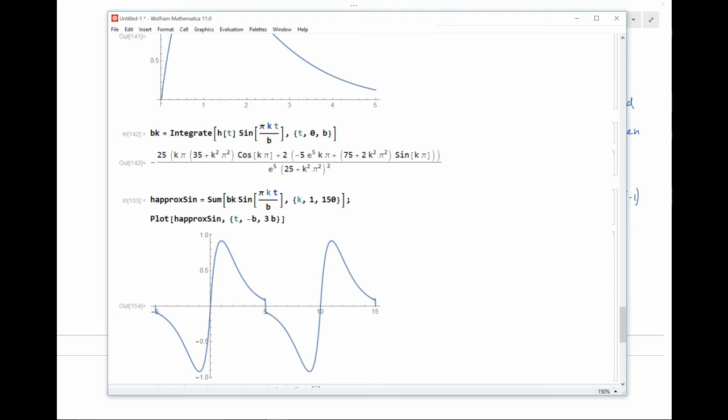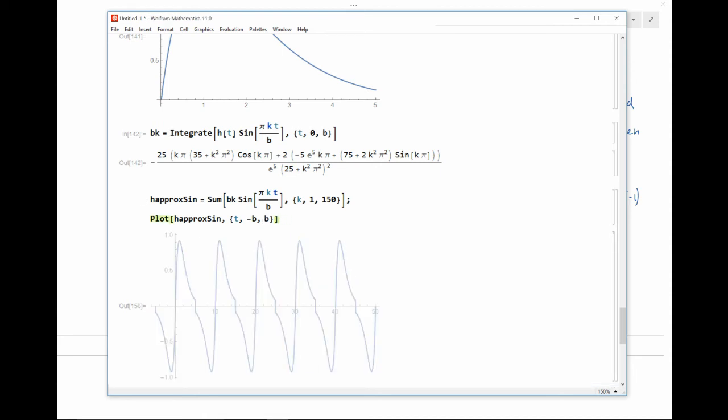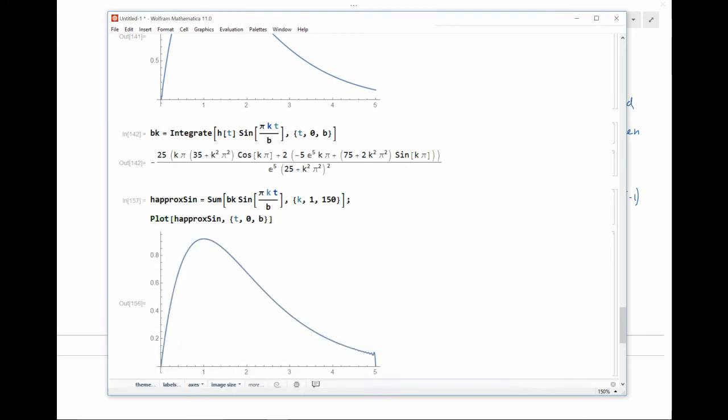So the sine series expands the function by rotating it by 180 degrees. That way it creates a 2b periodic copy of it, and then it repeats it many, many times. And this difference in the behavior of the sine series and the cosine series is what I want to address now.